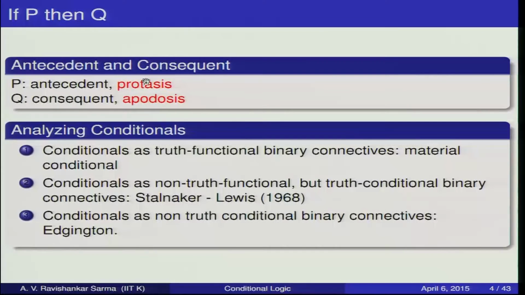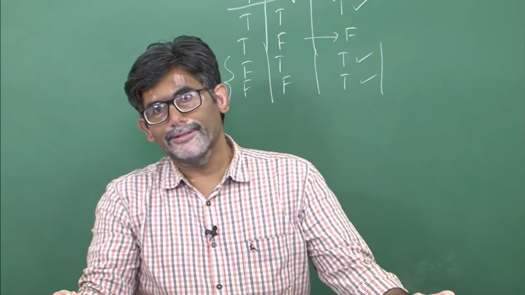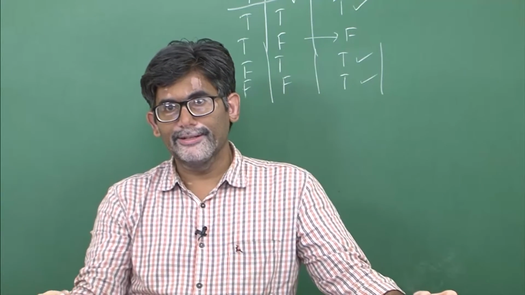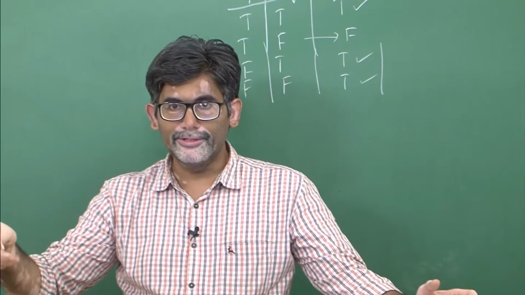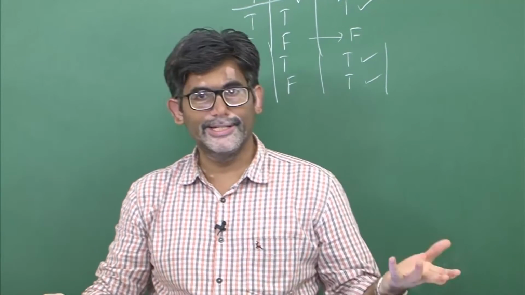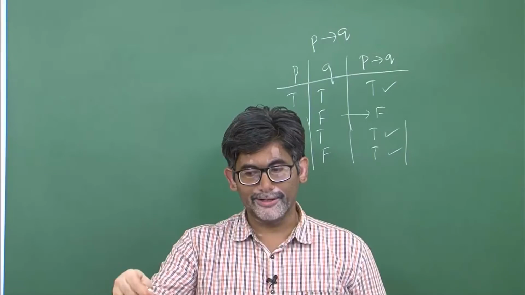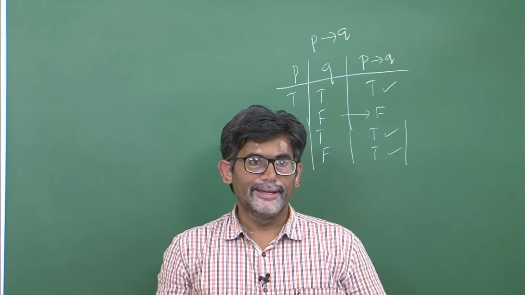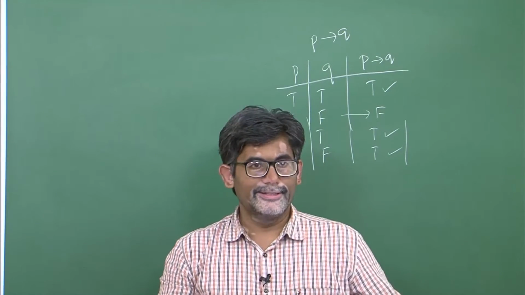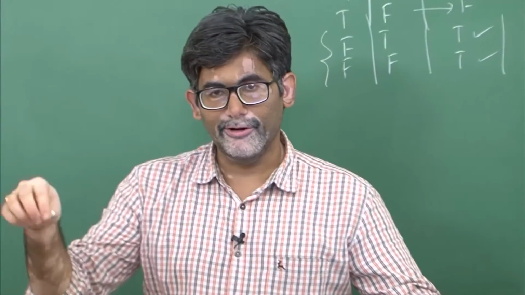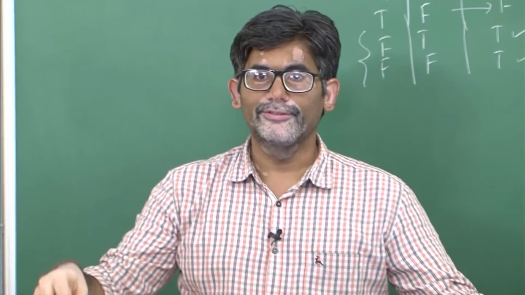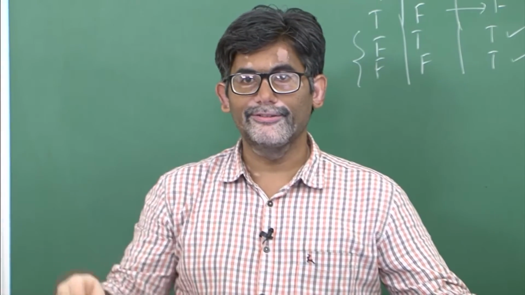If you analyze the conditional statement with respect to the material implication, then there are some conditional sentences like: if I had dropped this chalk piece, it would have fallen on the ground, which is going to be true. In this case the antecedent is false. I had not dropped this chalk piece, it is still in my hands. On the other hand, we can construct another counterfactual: if I had dropped this chalk piece, it would have flown into the air, or it would have turned into a donkey or cat or something like that.